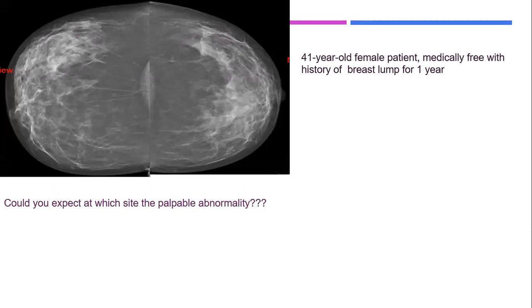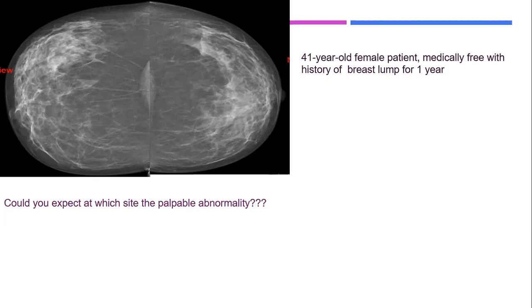Okay, this is a 41-year-old female patient, medically free, with a history of breast lump for one year. Could you expect at which side the palpable abnormality is? She has a palpable abnormality or lump for one year.